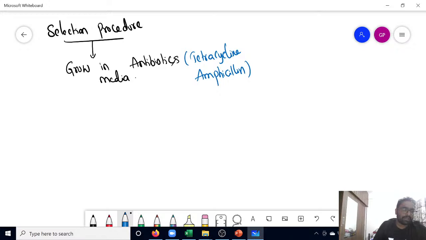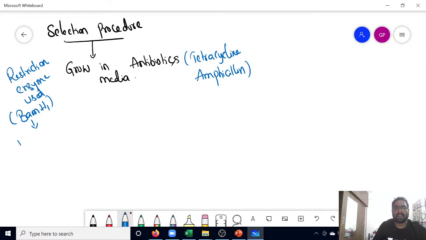Now you have to keep one point in mind: which restriction enzyme was used. I told you already: BamHI. Where does it have its restriction site? In tetR.